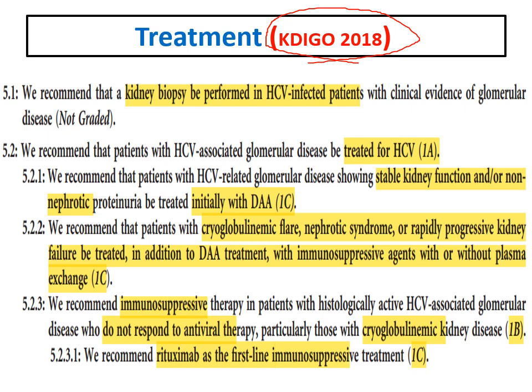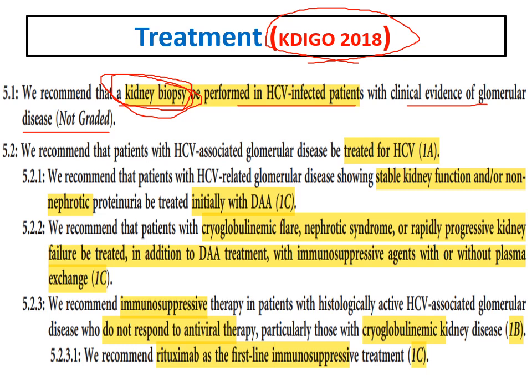This is the summary of all recommendations, and then we will talk about each one of them in detail. They recommend that kidney biopsy should be performed in HCV infected patients with any evidence of glomerular disease. So kidney biopsy is very important to detect the exact pathology and to determine the level of affection, whether there is more active inflammation or severe interstitial fibrosis.